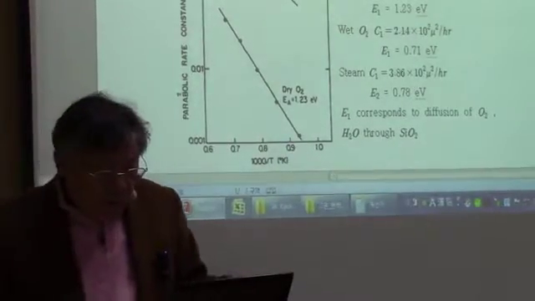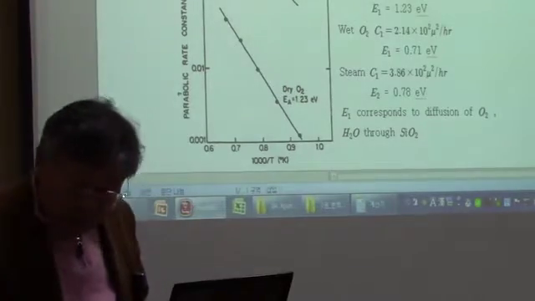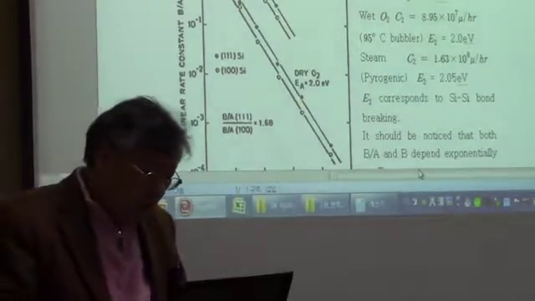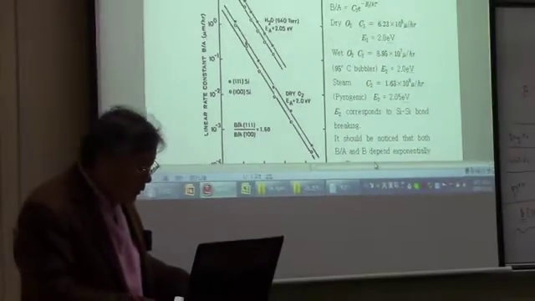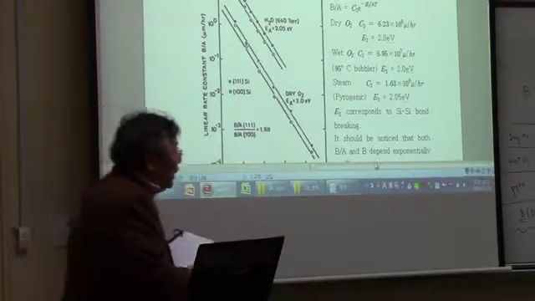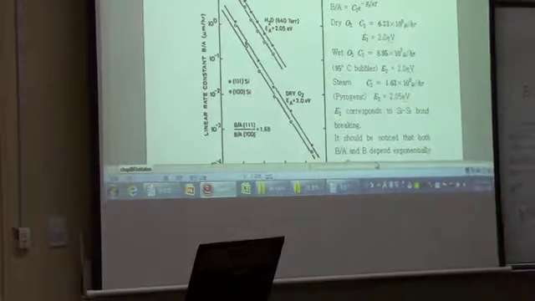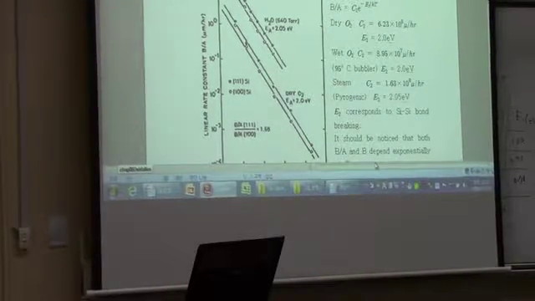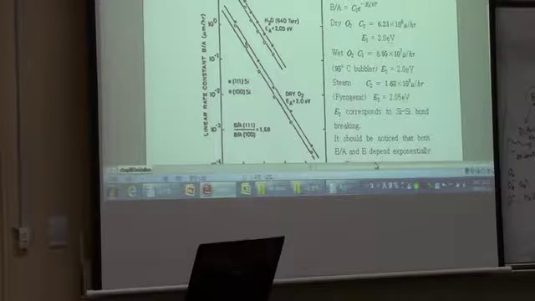And then the next figure is linear rate constants. Linear rate constant is a silicon-silicon bonding related property. And in this figure, the linear rate constant also can be expressed in an Arrhenius type plot, a thermally activated process.